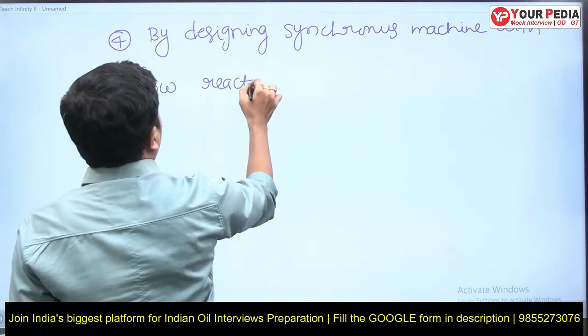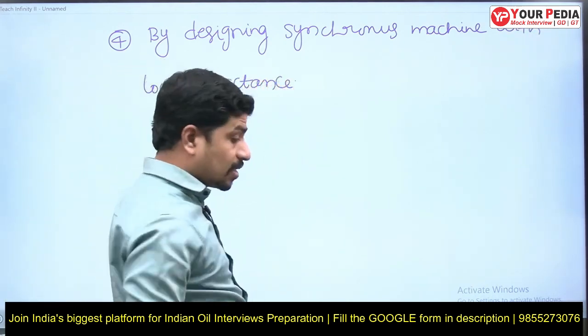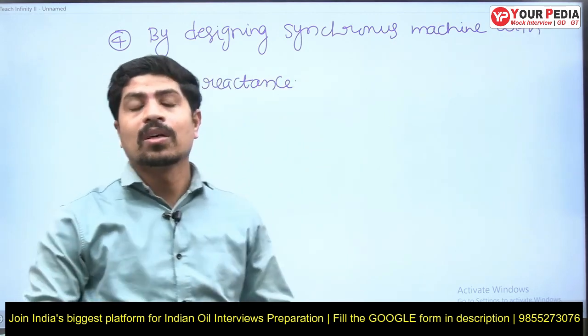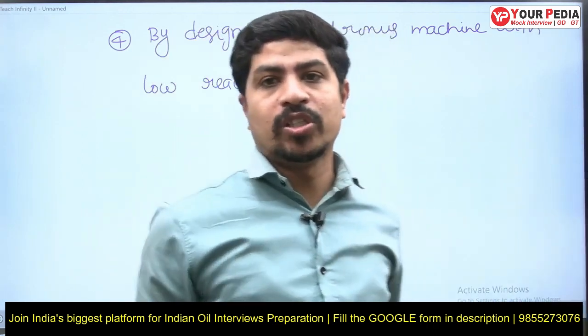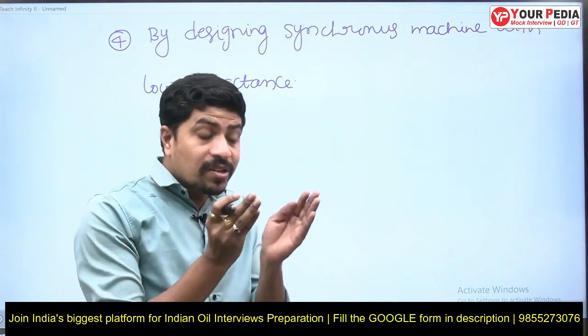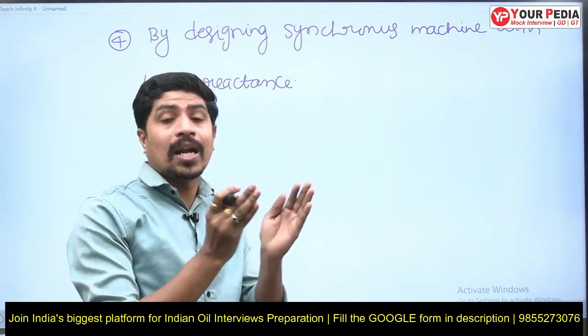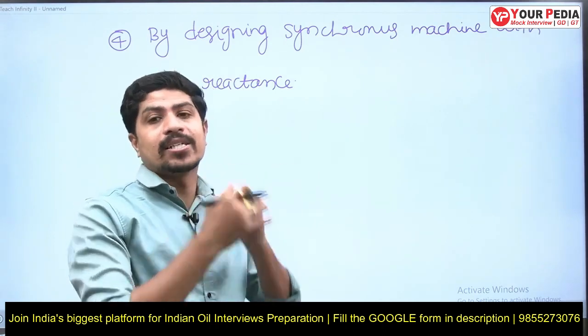I told you, to reduce the reactance there are several different designs. How to design a tooth and slot to reduce reactance, you might study it in machines. If you reduce the air gap between the stator and rotor, then leakage will decrease.